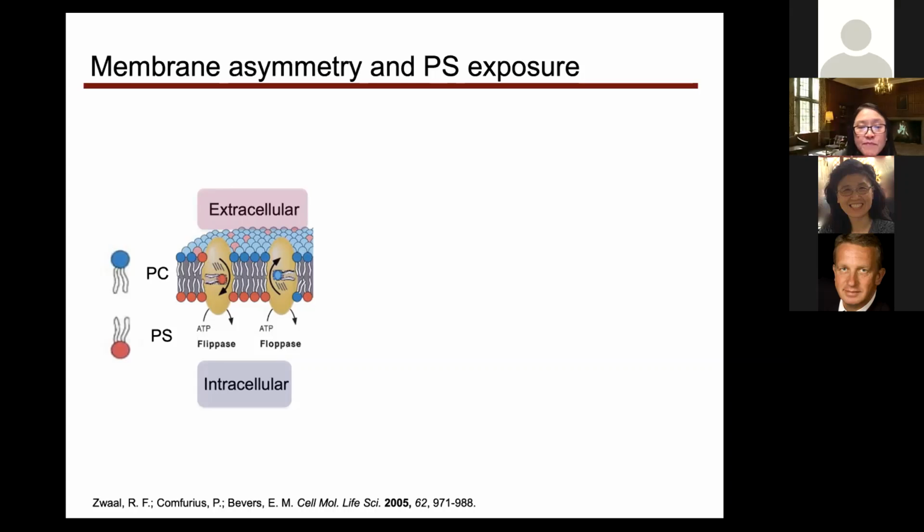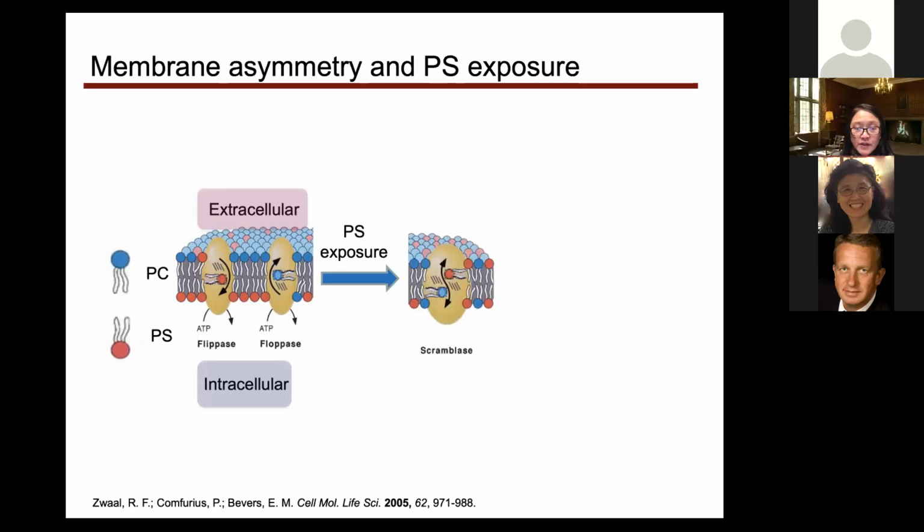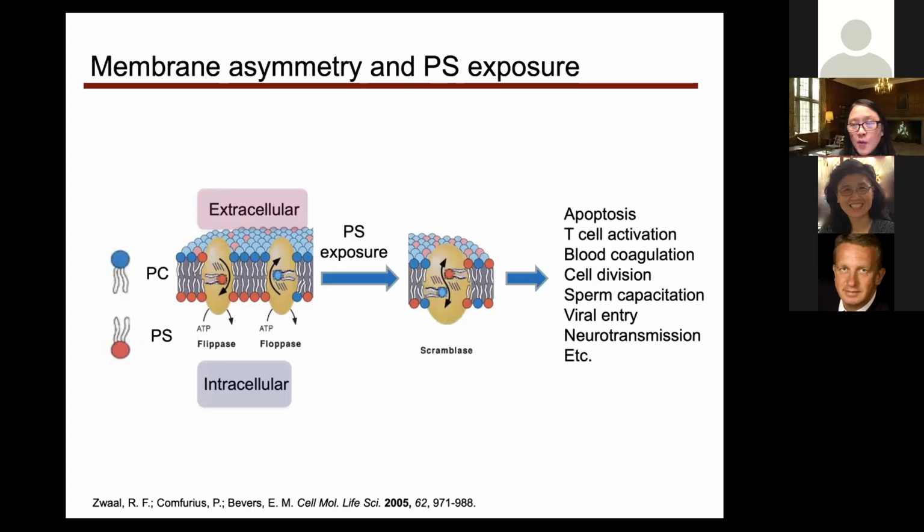And it's an active process, so it needs a flippase and floppase to make sure that it keeps this asymmetry on the surface. And if you were to scramble it, then it would give rise to PS exposure of an otherwise normal cell. And so this PS exposure has been tied to a series of different biological processes.